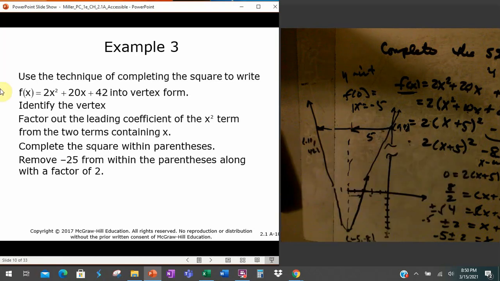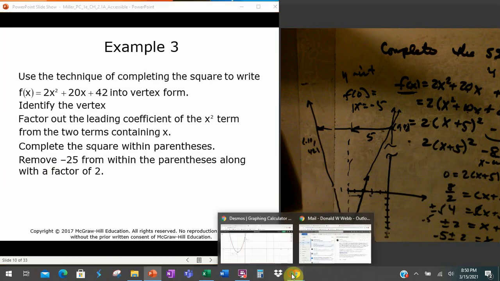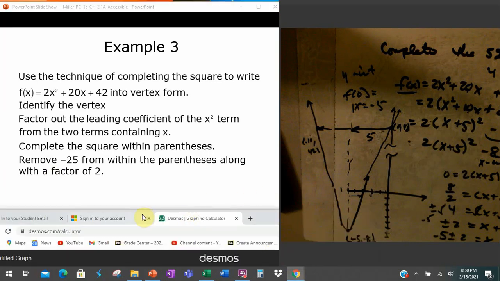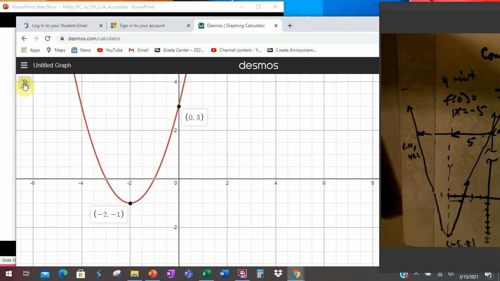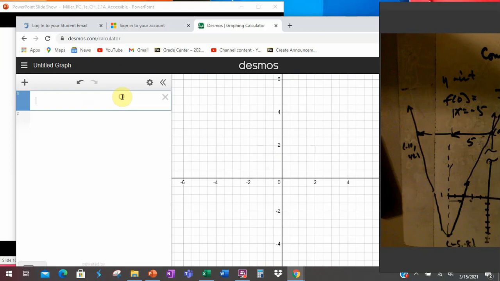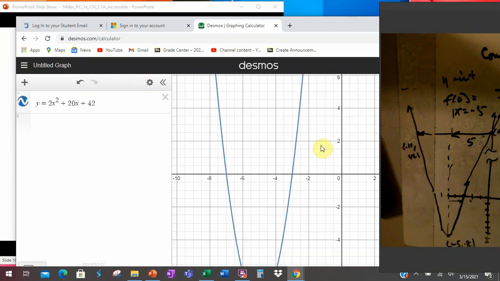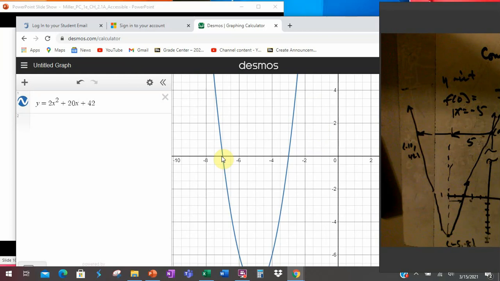Okay. So let me bring up Desmos again real quick, and I want to go over each one of these and kind of show you. Open this, kill this. So here was the original: two x squared plus 20x plus 42. That's the original.